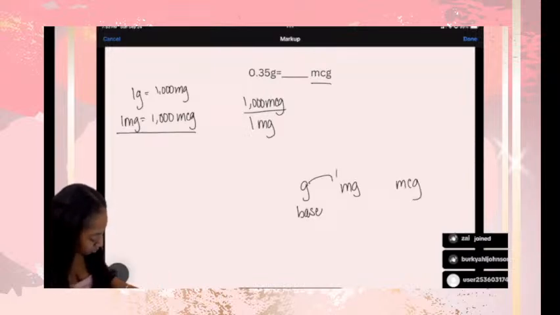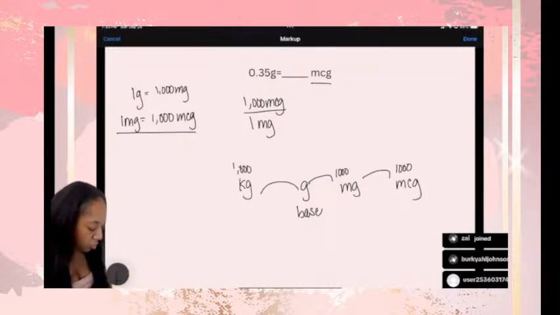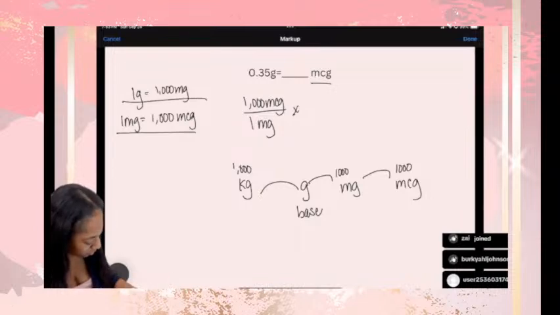So that's 1,000 and that's 1,000. Then if you go this way, kg, that's another 1,000, okay? Now we have milligrams at the bottom, so we need milligrams at the top, so they cross out because we're looking for micrograms.